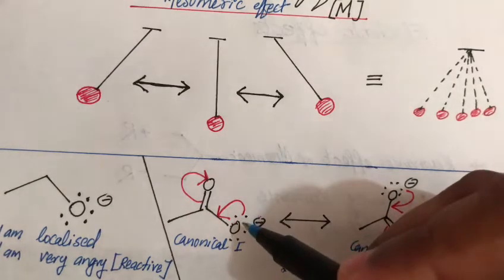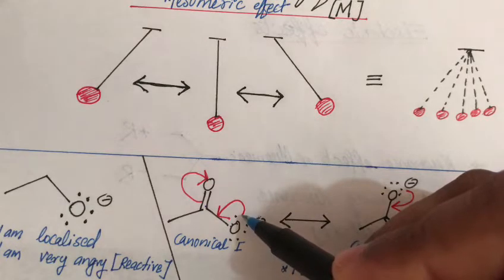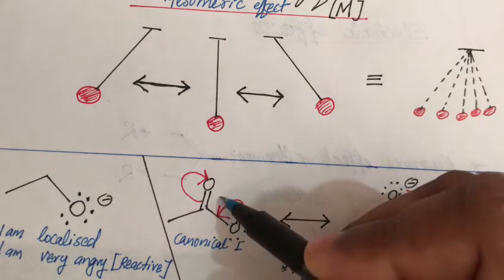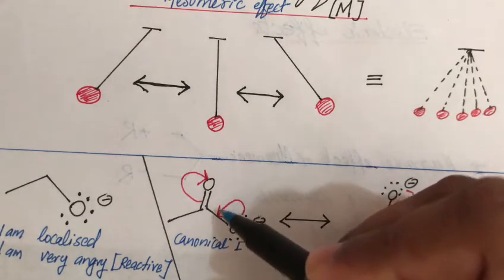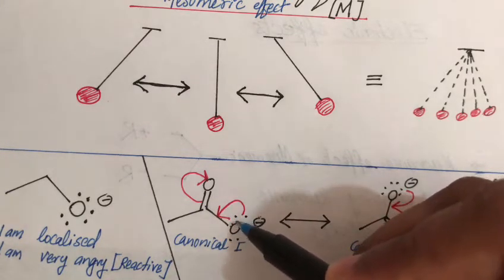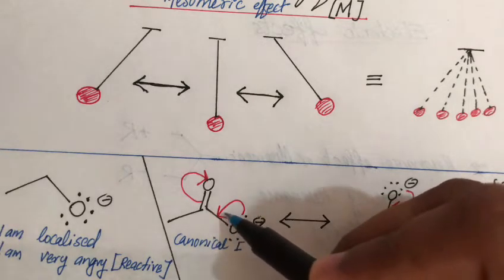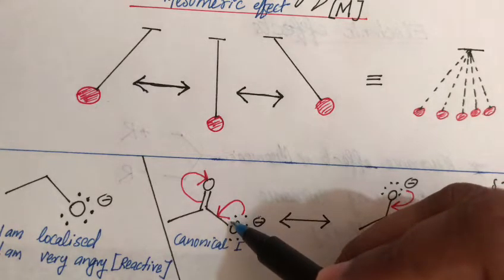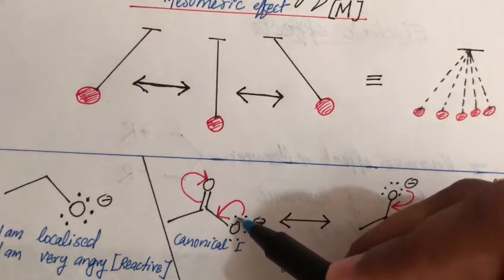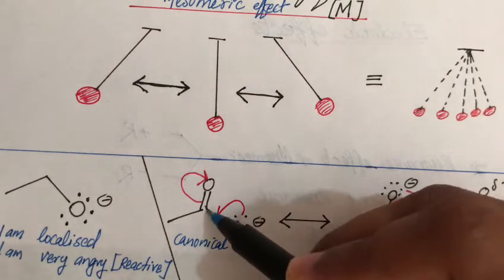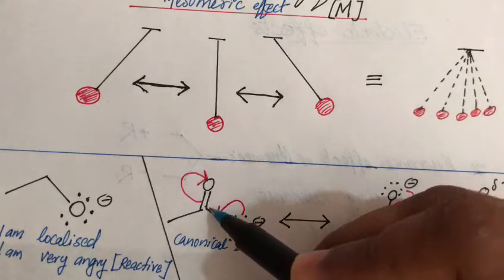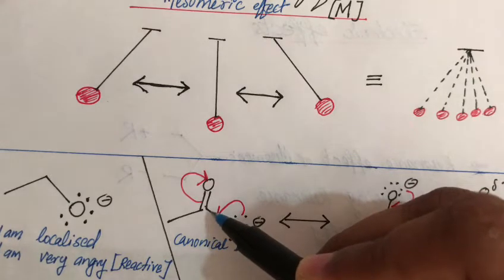We already mentioned that when we draw a curly arrow with two heads, a doubly barbed arrow, it means a pair of electrons is moving and it is going to make a bond. Whenever you draw this arrow to this bond, a bond generation happens. We know that carbon has only 4 valency.